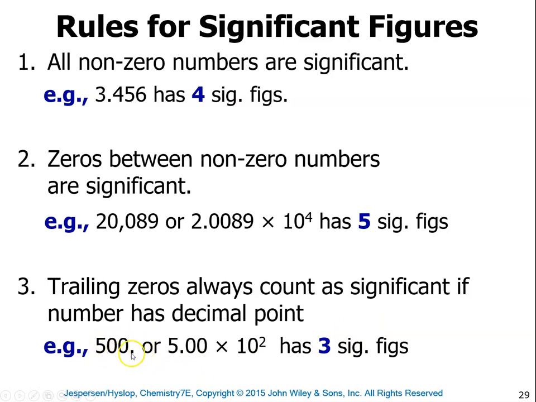If you put a point at the end and you don't have another zero, that just means it's 3 significant digits, because it has a decimal point. Or you can write it in scientific notation, 5.00, and if there's a decimal point and you're putting those in there, then it would have 3 significant digits. If you just wrote 500 and you didn't put a decimal point in there, then it would actually only have 1 significant digit.